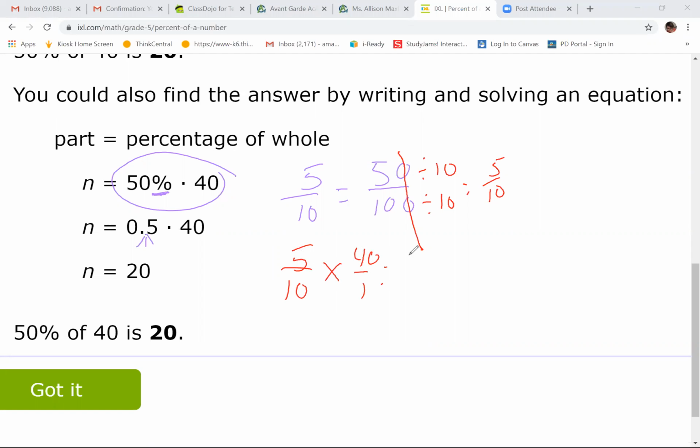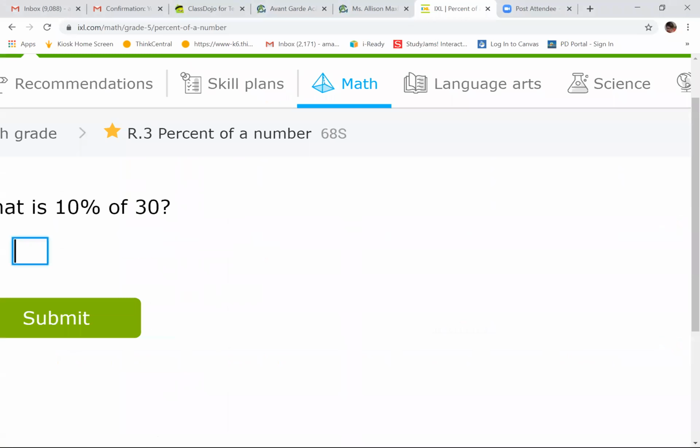There we go. 5 times 4 is 20. 20 tens, and then 10. So my answer would be 20. So I can do it by multiplying decimals or multiplying fractions. I can also do it this way by cross multiplying, and I'm not ready for that. Maybe next year. Oh my goodness, that was tough.